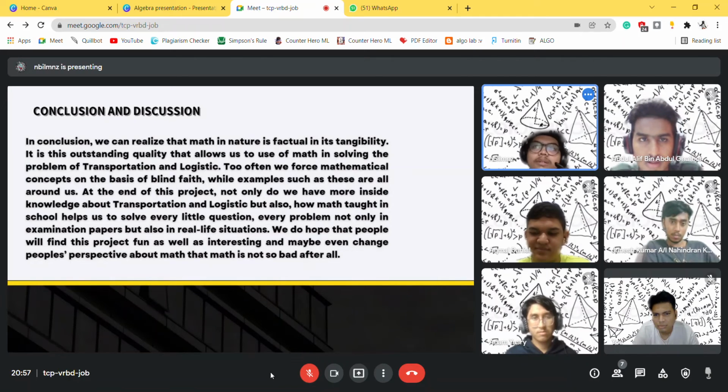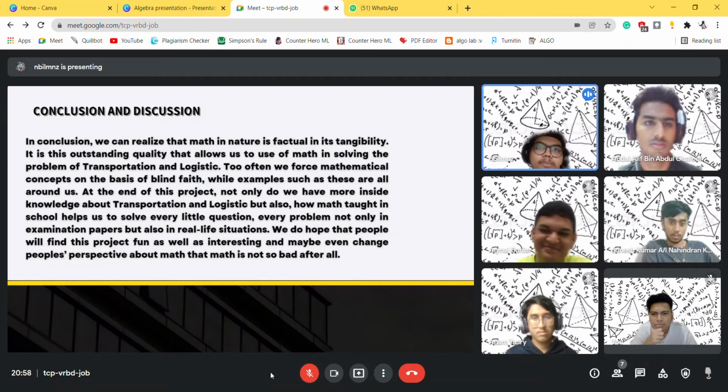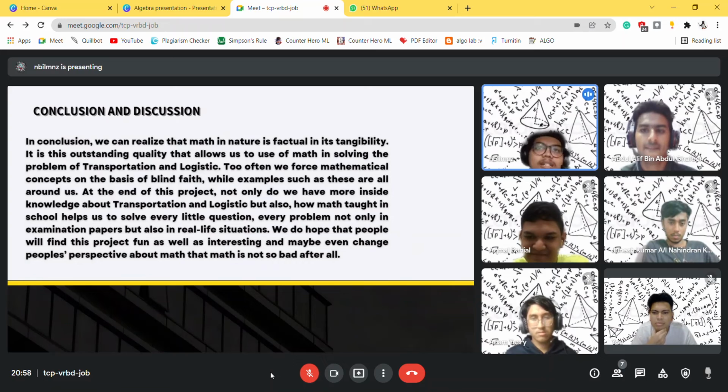Too often, we force mathematical concepts on the basis of blind faith, while examples such as these are all around us. At the end of this project, not only do we have more insight into transportation and logistics, but also into how math taught in school helps us solve every little question, every problem, not only in examination papers, but also in real life situations.